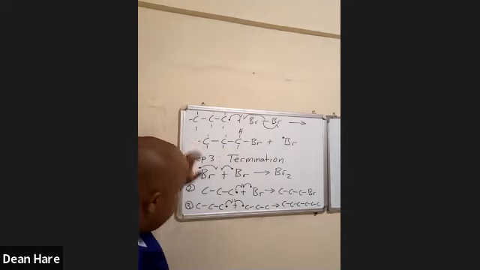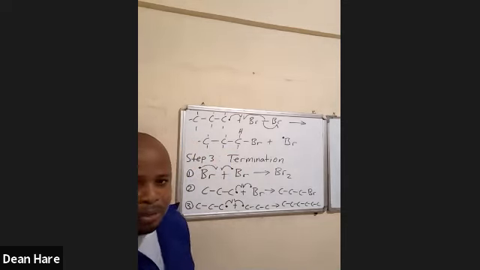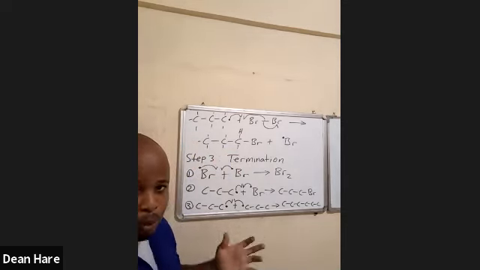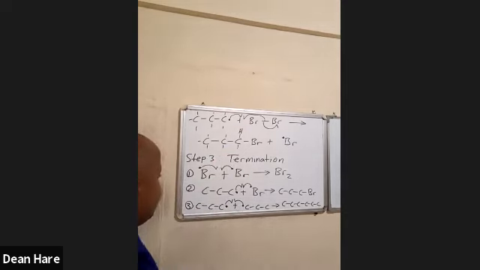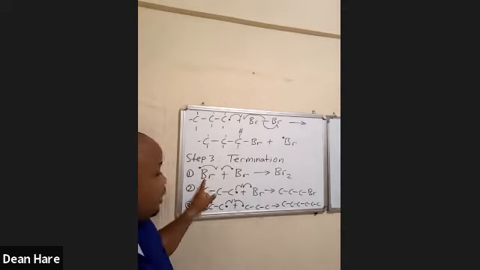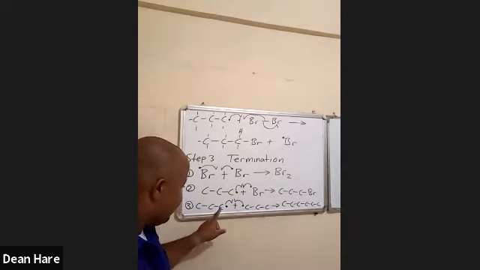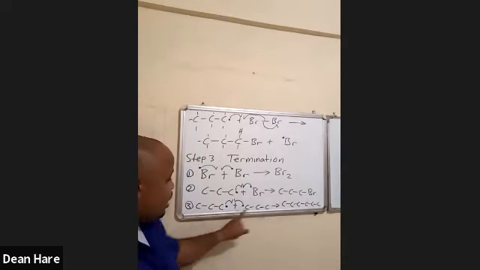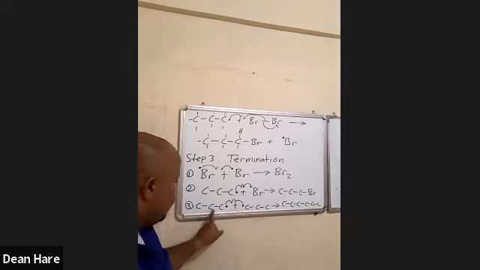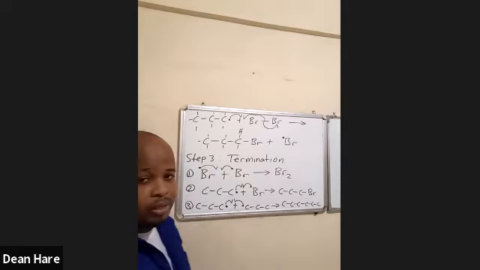And then in termination, you just combine 2 radicals that were produced through step 1 and step 2. So we know that we had bromine radicals, so we can combine 2 of them. We also had propyl radicals, so we can combine 2 of them, in which case we will get 6 carbons.